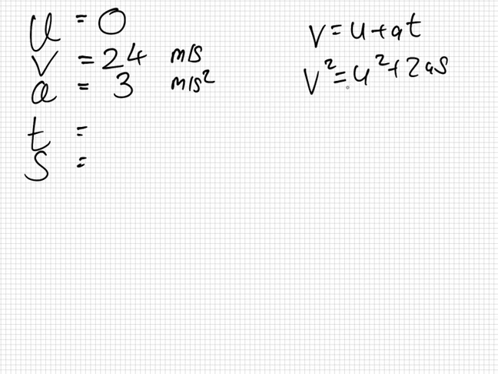So the speed is not 24? It is, yeah. But that's the speed at the end. Because the key word here in the question, do you have a highlighter? You see here where it says from rest, that means at the start it's 0.